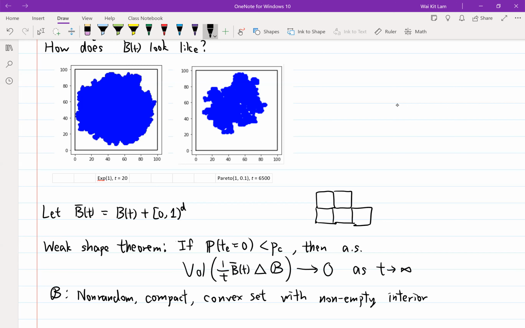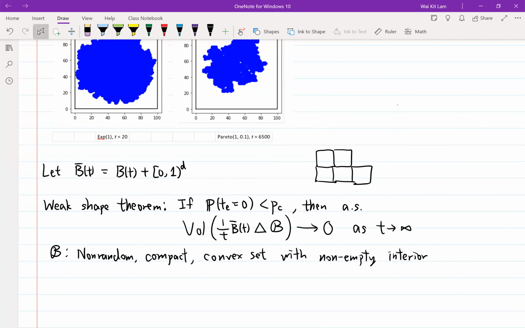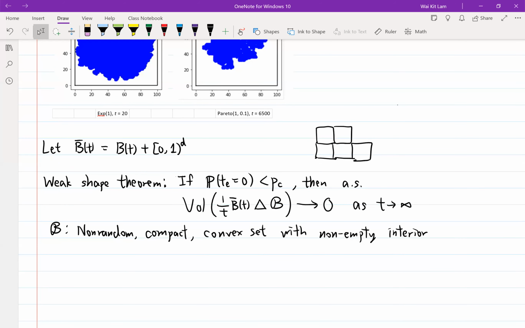Basically, the only thing we know is that it is convex, and it has all symmetries of Z^d that fix the origin, but we don't know too much beyond that. Okay, so we know that as t goes to infinity, this B_t or B_t bar converges to some limit shape, which is nice. But it is also interesting to study what this B_t actually looks like.